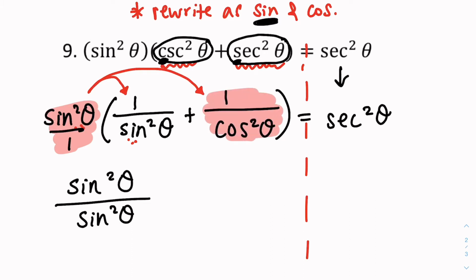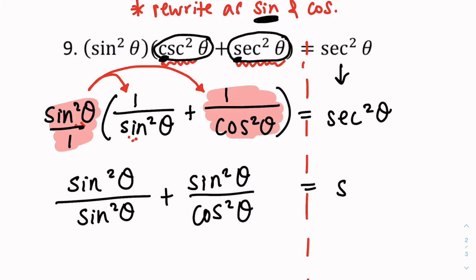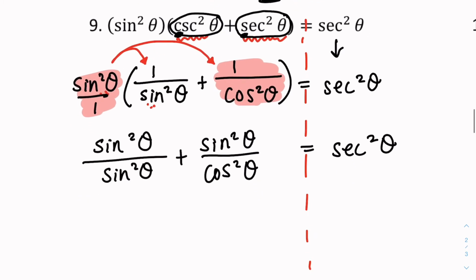So tops multiply, and then we multiply straight across. So it's going to be positive. Sine squared theta times 1 on top is sine squared theta. On the bottom, 1 times cosine squared is just cosine squared theta. And that's supposed to somehow, I don't know how yet, but somehow it'll equal secant squared. Don't lose faith, stick it through.